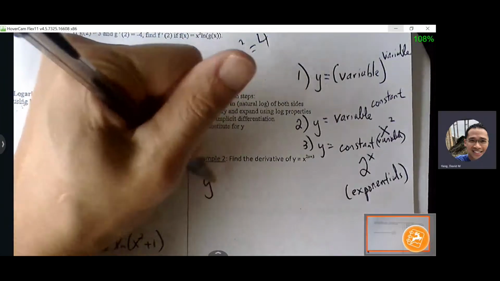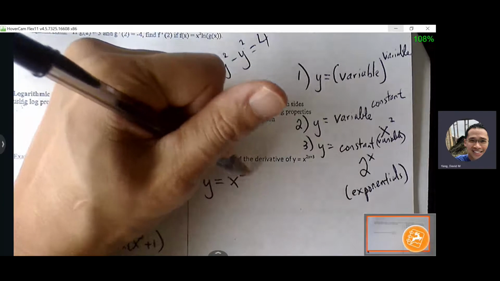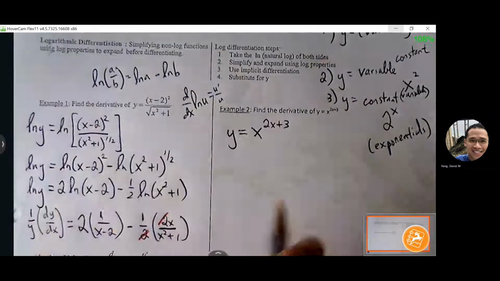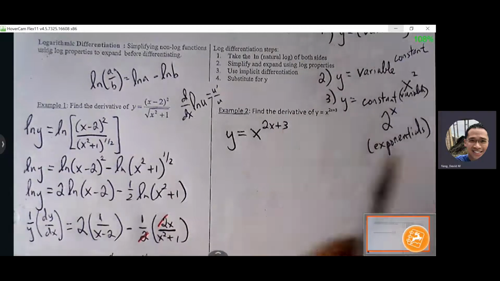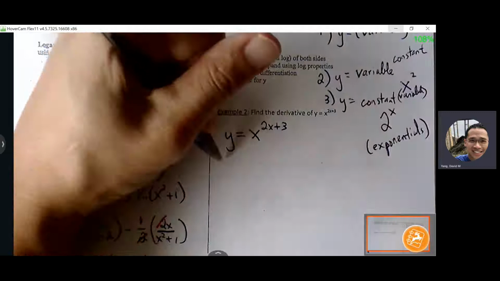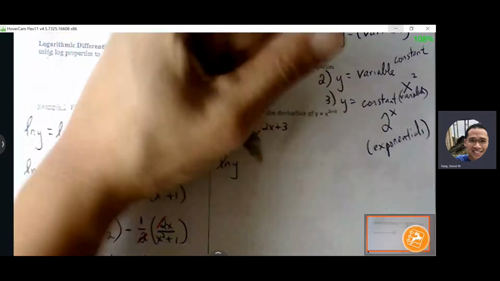So we start off with y is equal to x to the 2x plus 3. So if you see a variable raised to a variable, you're going to have to go through log differentiation, okay? Because we don't have a rule for this, and log differentiation allows this problem to be presented in a different form.